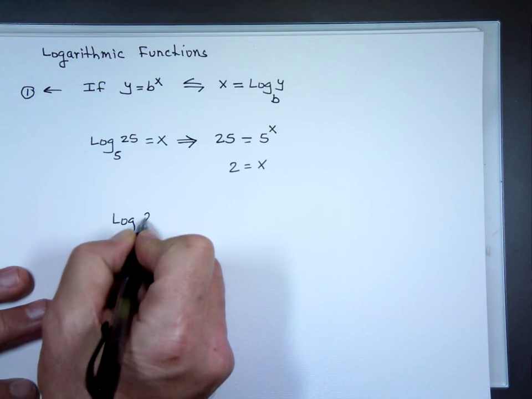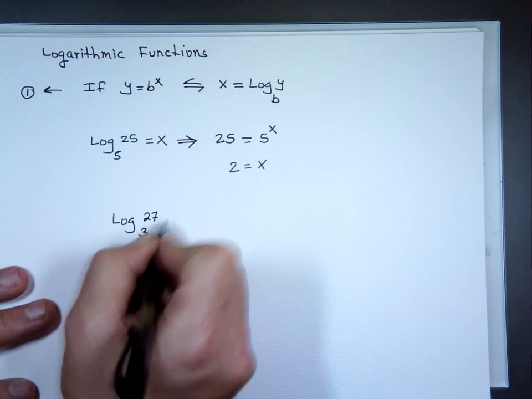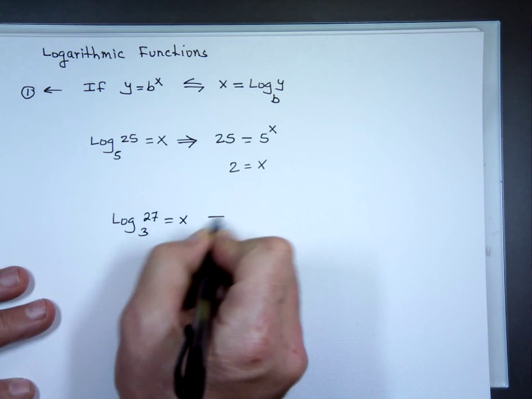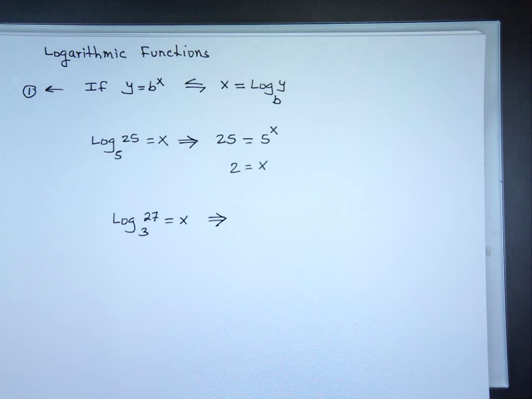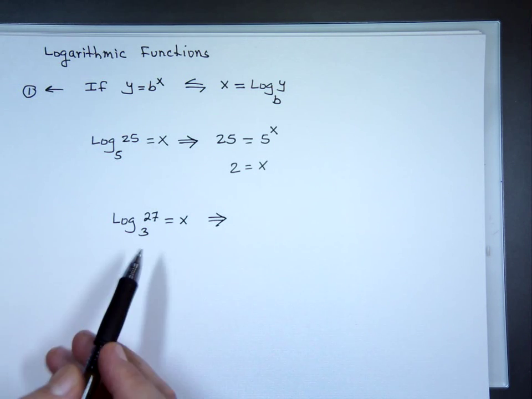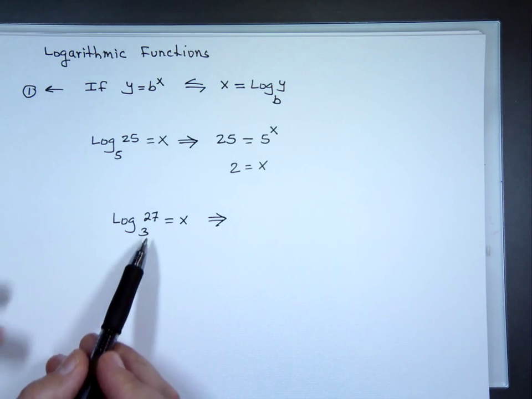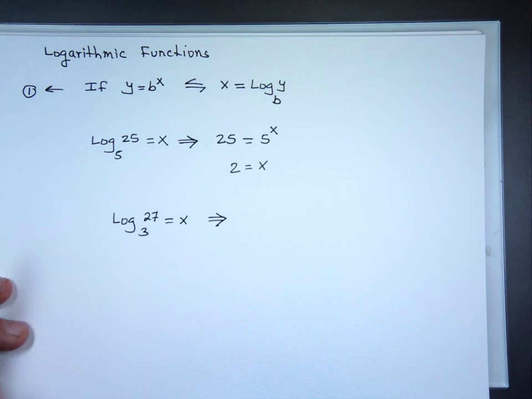Log 27 base 3 equals x. Can you tell me what x is? The question is really, to what power do we have to raise the 3 to get 27?